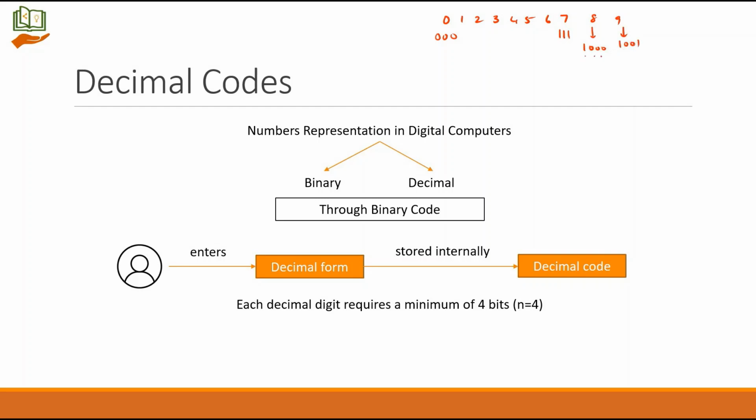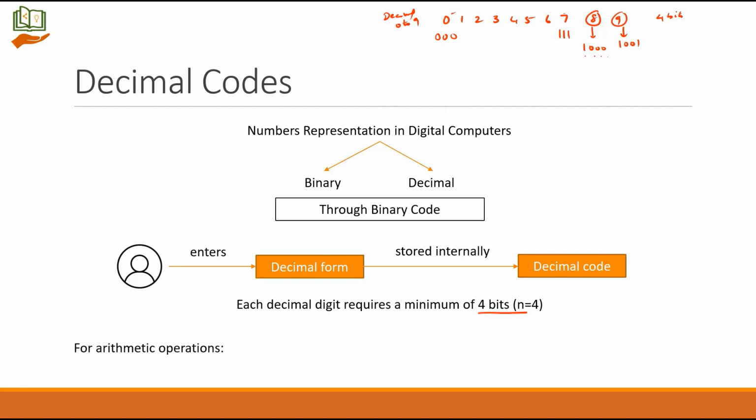So how many bits do you need to represent 8 and 9? We need 4 bits. So when you take a decimal digit, they belong to the 0 to 9 range. Even though you can represent 0 to 7 in 3 bits, you need the 4th bit to represent 8 and 9. That's what they have given. Each decimal digit requires a minimum of 4 bits. When there are 4 bits, you can easily represent them from 0 to 9.